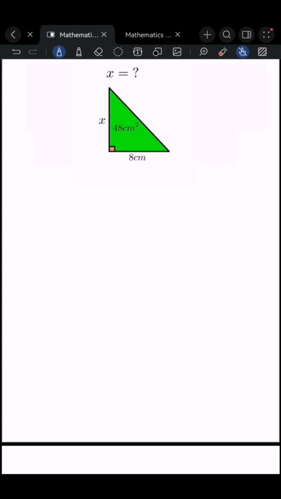We have another question, which is x is the height and 8 is the base, and the area of the triangle is 48. The question is to find the value of x. So we say area is equal to 48 centimeters squared, the base is equal to 8 centimeters, and the height is equal to x.